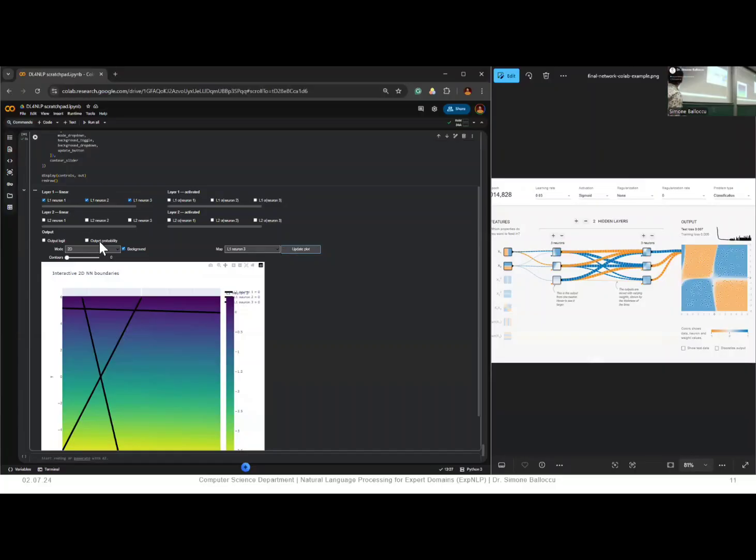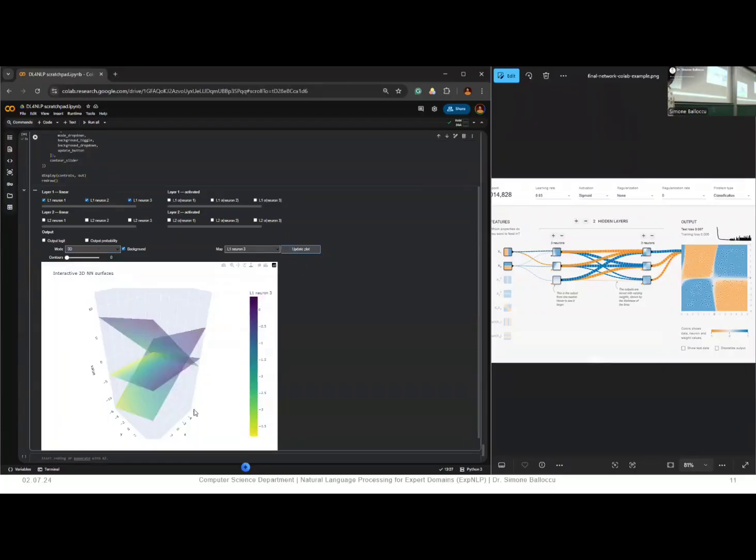If I switch to 3D, this is going to become a plane. So yeah, we have these three planes separated because we have three neurons. And this doesn't really solve our problems, right? It's not a curve. Well, what if I switch to after I apply the sigmoid?